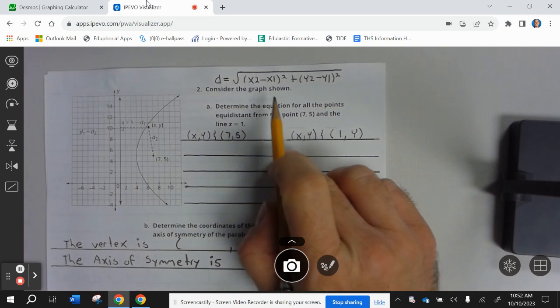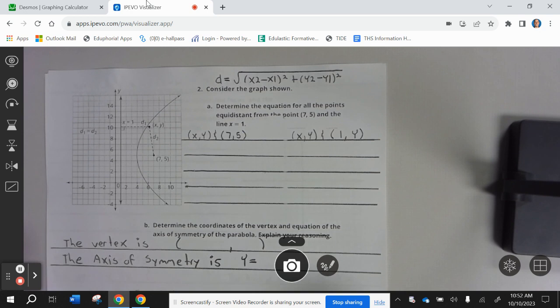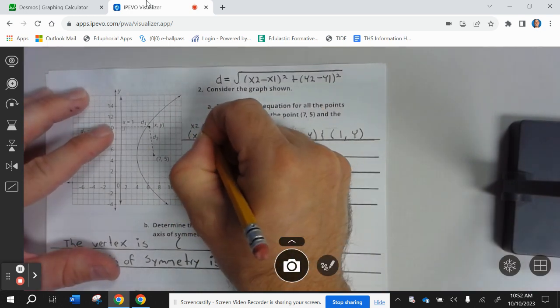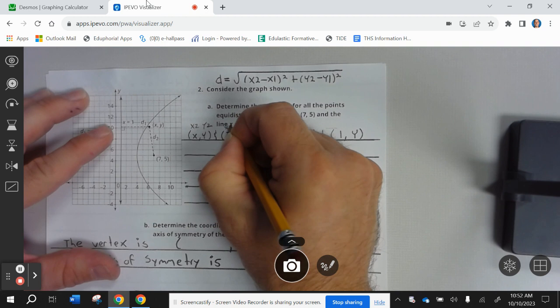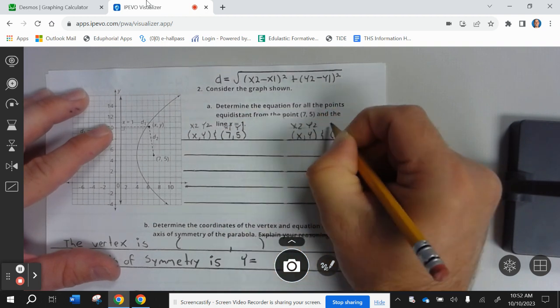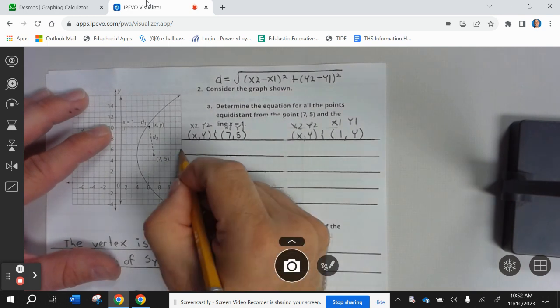All right, again, there's a distance formula. Consider the graph. Determine the equation for all the points equidistant from the point (7, 5) and the line x equals 1. So this is, again, x2, y2, x1, y1, x2, y2, x1, y1. So we plug into the distance formula.